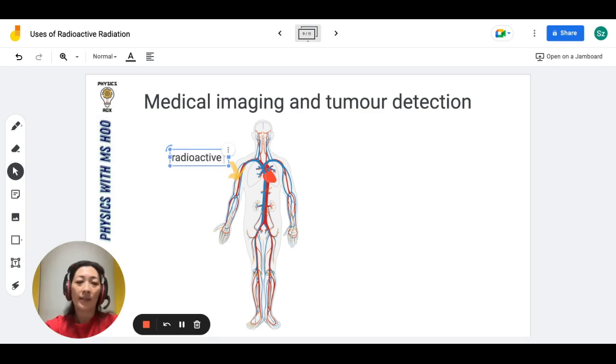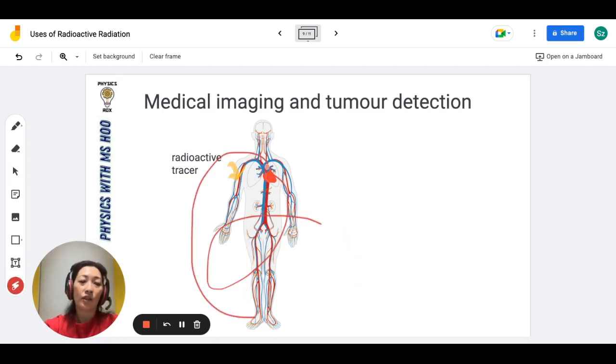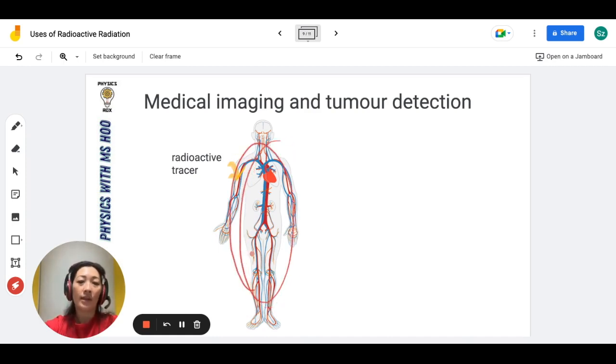A radioactive tracer means a chemical that has some radioactivity. For example, if we want to examine the circulation system, we can inject radioactive iron because blood cells need iron. They will absorb that radioactive iron and transport it throughout the entire patient's body. So we inject it in, and the iron then spreads out through the entire circulation system.